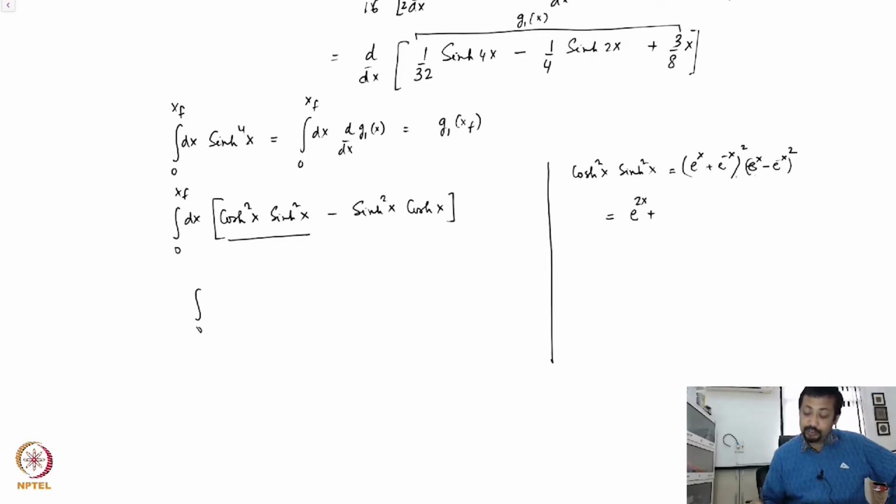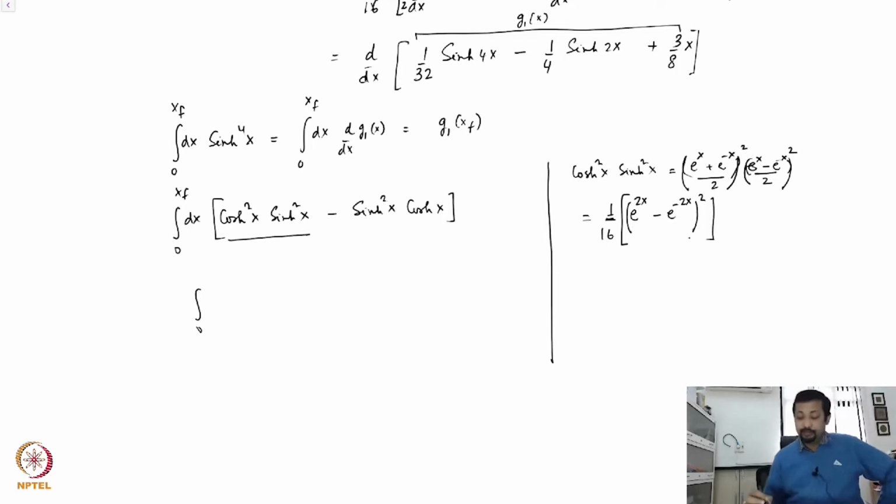I was tempted to just write it down as e to the power 2x minus e to the power minus 2x, divided by 2 whole square. So overall you have 1 by 16 times e to the power 2x minus e to the power minus 2x whole square, because you can write this as a plus b times a minus b whole square. So you have a square minus b square whole square, and this is going to be 1 over 16 e to the power 4x plus e to the power minus 4x minus 2.